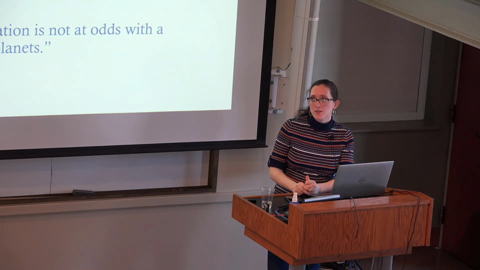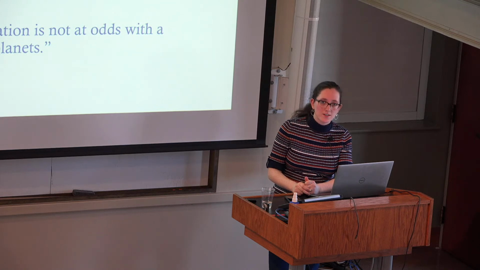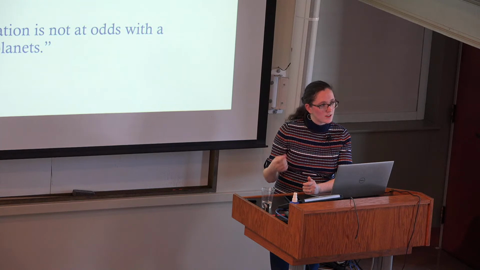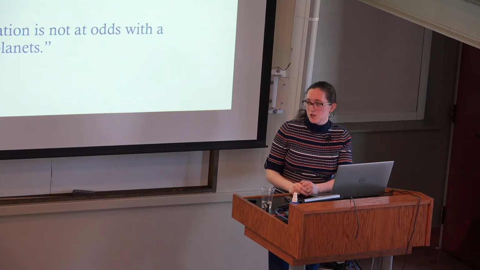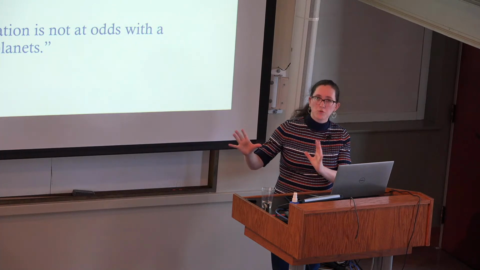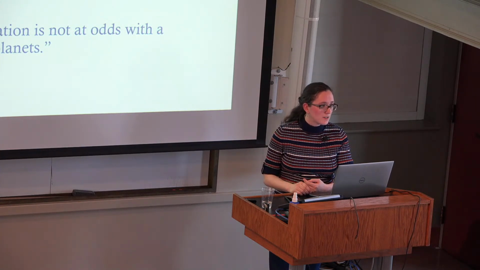I think for the younger systems, if you're catching this process in action, you'd be more likely to see planets that still have some eccentricity. And then also I think the migration on average is going to be faster for the more massive planets than for the less massive planets that tend to form at longer periods. So maybe you could see something there as well.